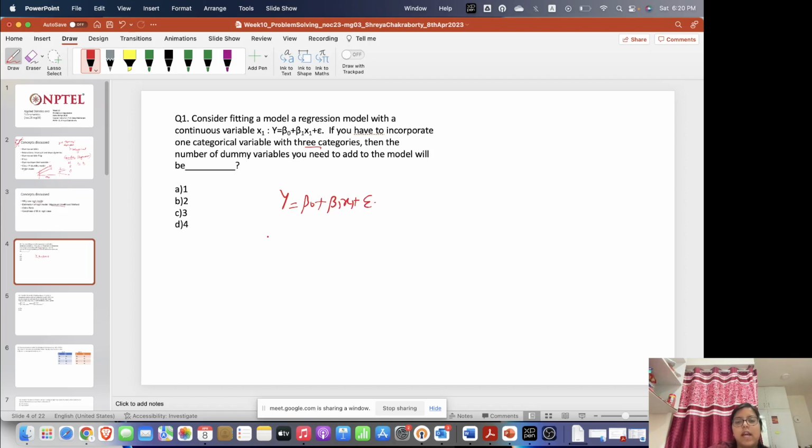So if we write the model matrix, if you remember, we can write the equation in a multivariate form.